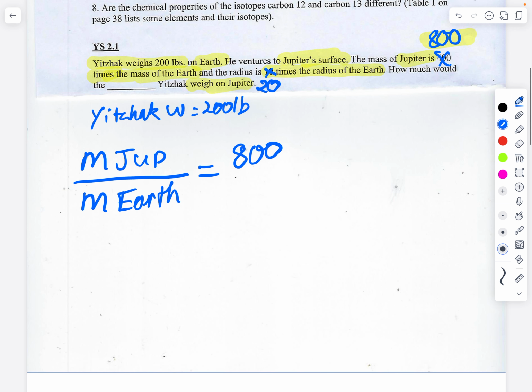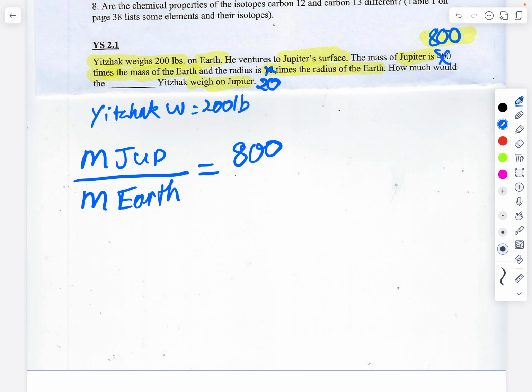It was given. And then the radius symbol is R, so radius of Jupiter over radius of Earth is 20 times, that's given.